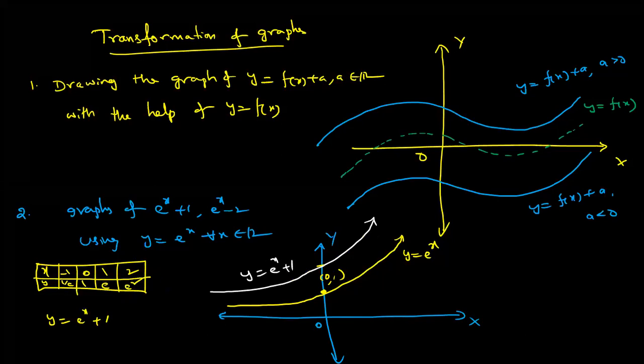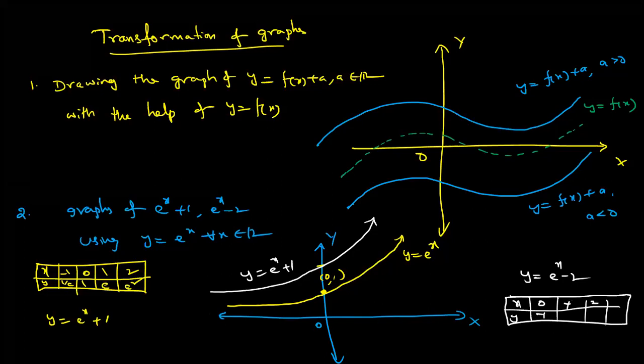Like that. Suppose y is equal to e power x minus 2. How can you say? Just make a table. x, y means e power x minus 2, x is equal to 0, minus 1. Dear students, like that you can take the tables.